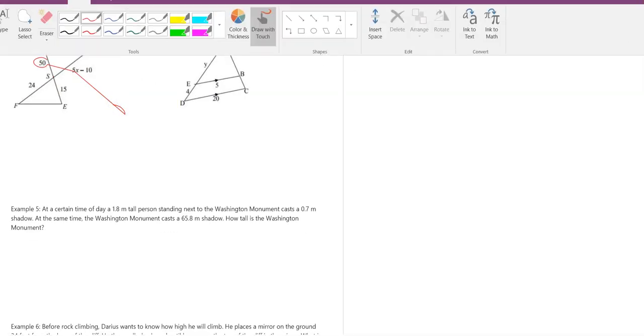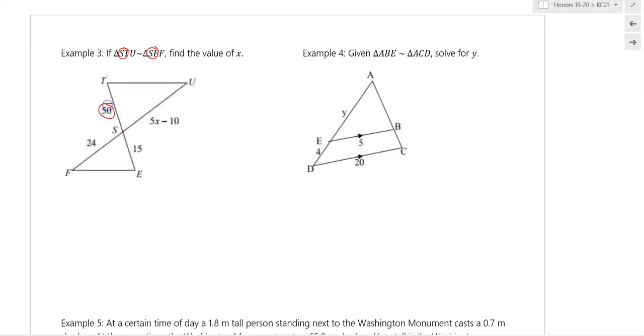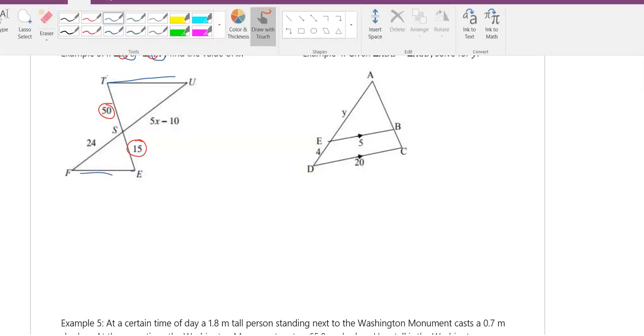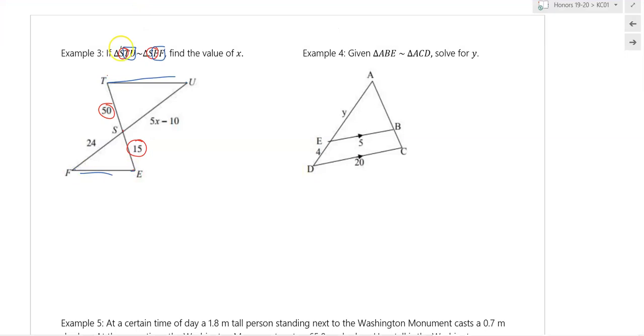ST is this side, and then SE is this side. And then we have TU and EF. So T to U, and E to F. And then SU and SF. So SU, SF.